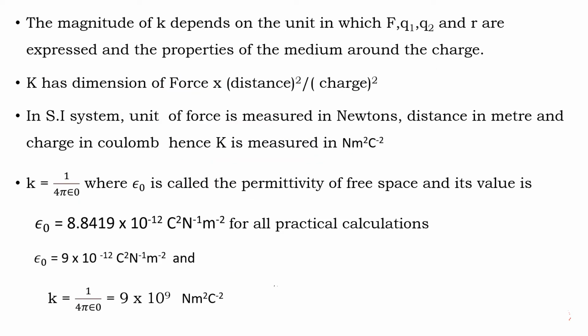The value of K depends on the medium in which the charges are placed, and also the magnitude of K depends on the unit in which the force, the charges and the distance are expressed. K has a dimension of force into distance square by charge square.